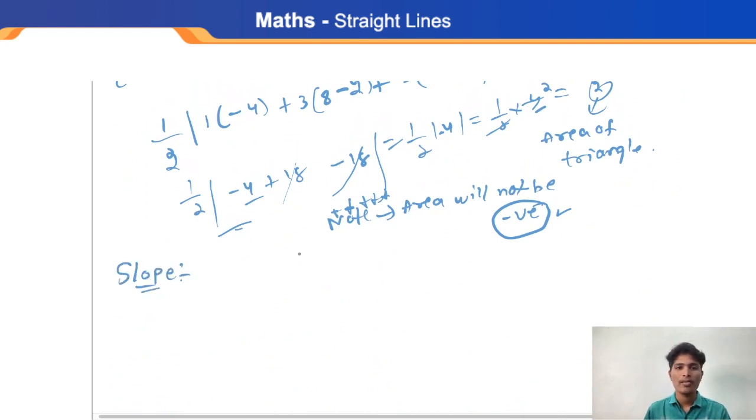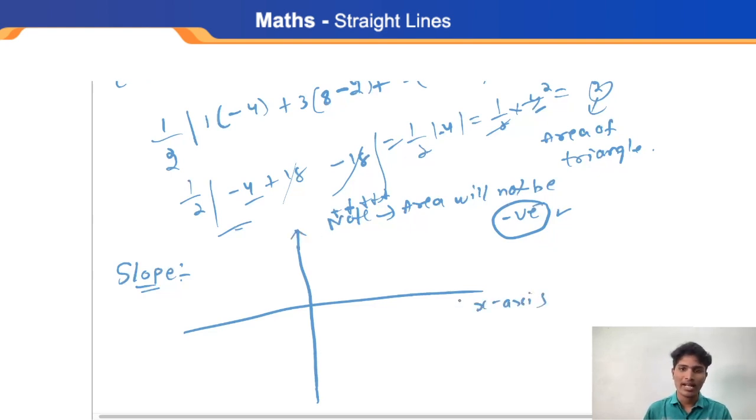Very very important. If we take this as the x-axis and this as the y-axis, suppose I am drawing a straight line here. What is slope? How much angle it is making with the positive x-axis. The tan of that angle is equal to the slope.